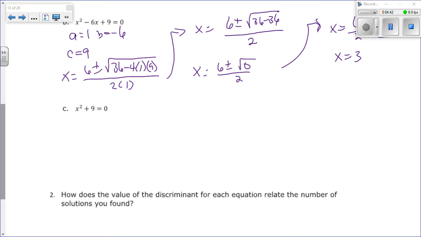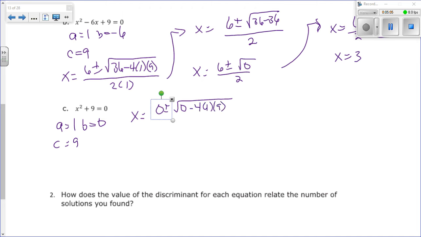For x squared plus 9. A is 1, b is 0, c is positive 9 this time. So x equals negative b, so it's 0 plus or minus the square root of 0 squared, which is 0, minus 4 times 1 times 9 all over 2 times 1.